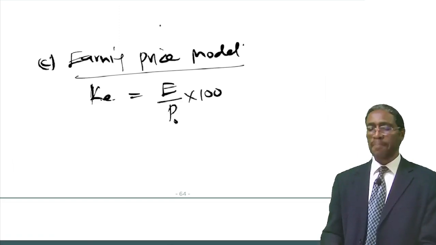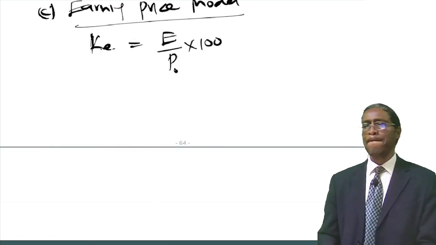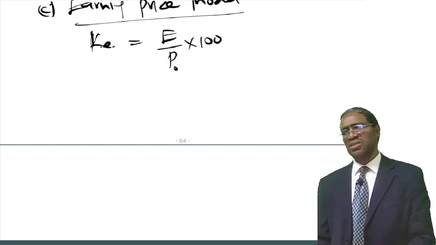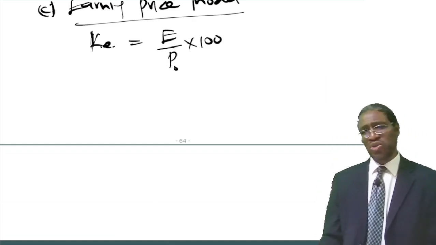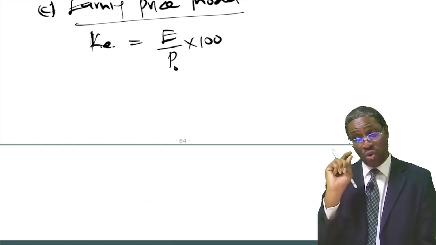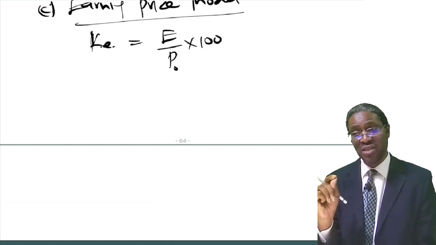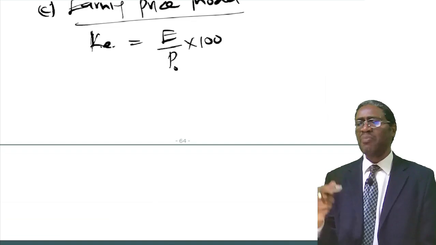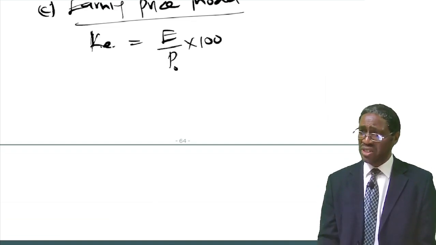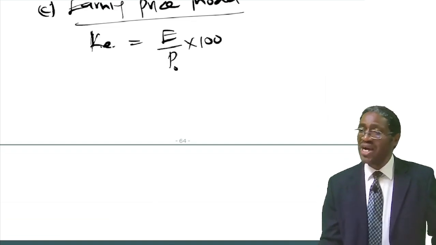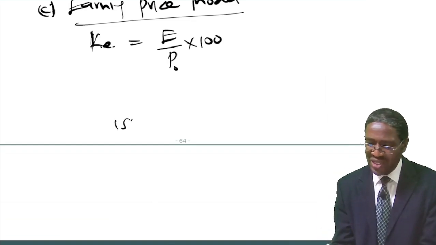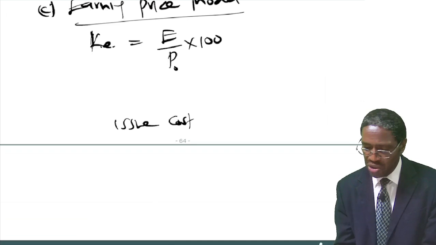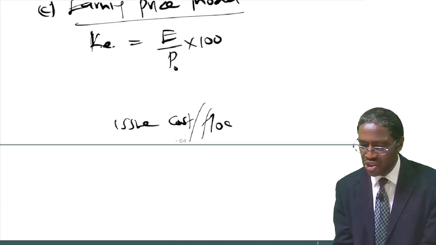Good. Now listen again. As a company, to raise this capital by issuing shares, we are trying to compute the cost of ordinary shares. So to raise capital by issuing ordinary shares, you as a company may incur what we call the issue cost, or some books will call it flotation cost.